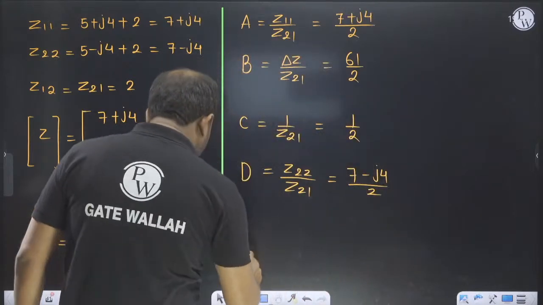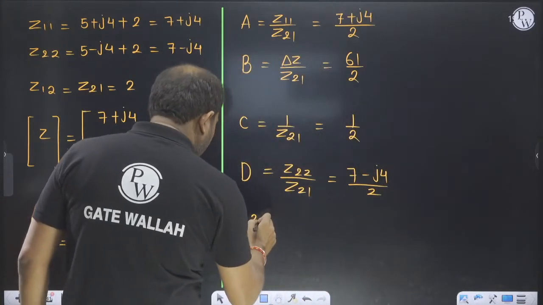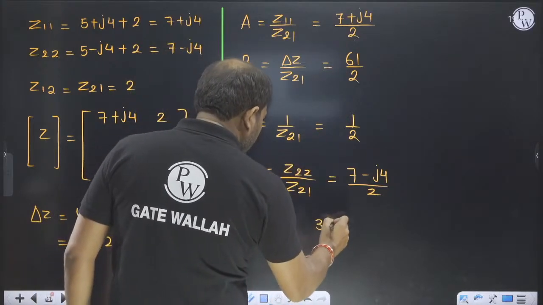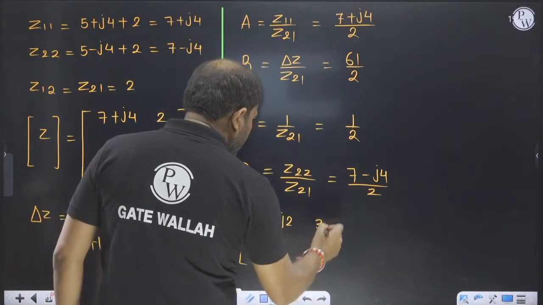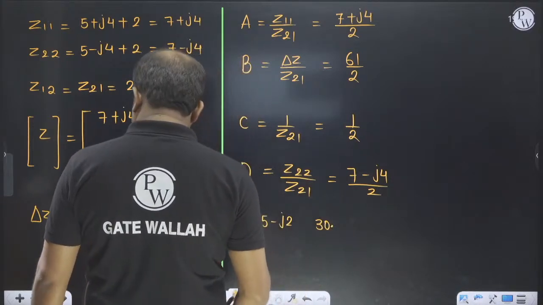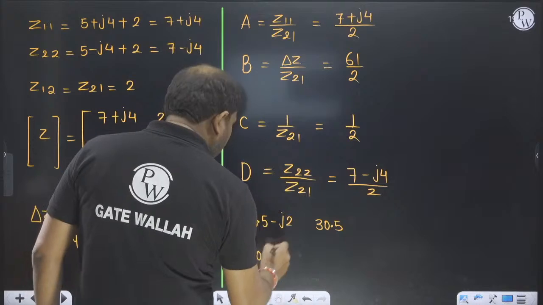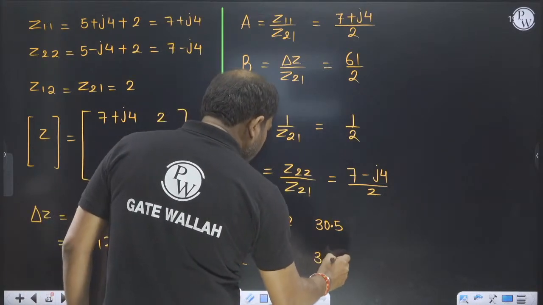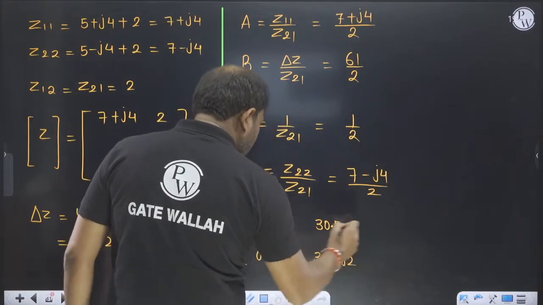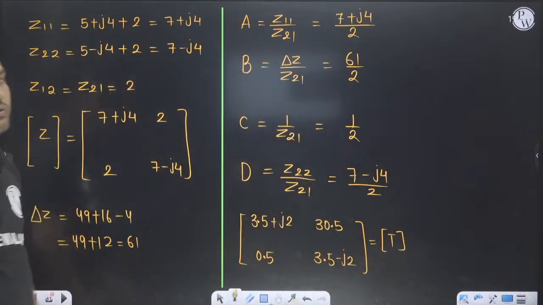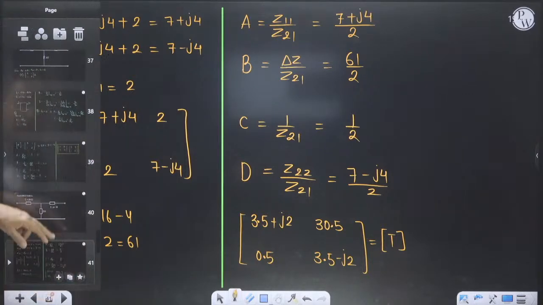So the ABCD matrix will be 3.5 plus j2, 30.5, 0.5, and 3.5 minus j2. So this is our transmission line matrix. It is very easy to calculate. This is a 2 marks question asked in the GATE exam.